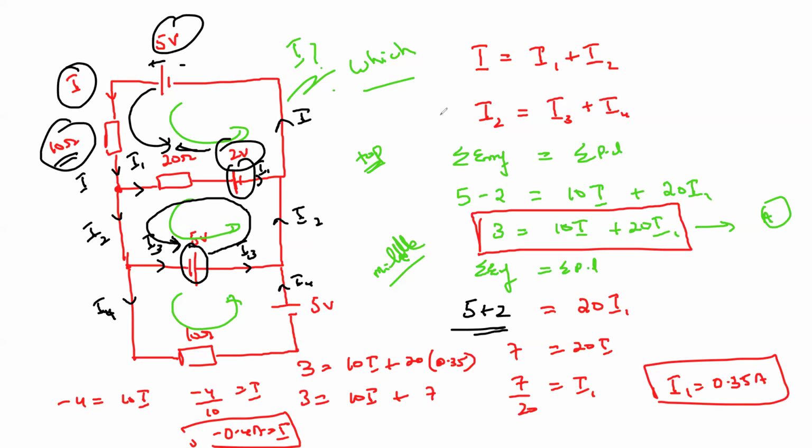Is this example clear? The negative sign only indicates that the direction of the current which is taken is opposite.